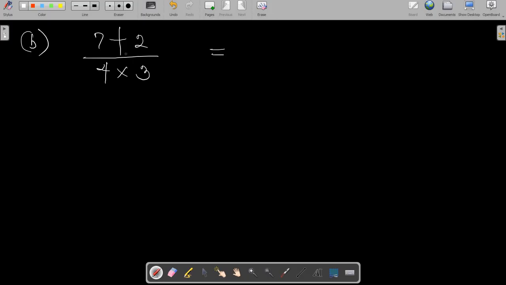Now this is also very easy. 7 plus 2, we have it to be 9, and 4 times 3, we have it to be 12. So something can divide, which is 3. 3 can go in 9, we have it to be 3. 3 can divide 12, we have it to be 4. And finally, the answer to this case here will be 3 all over 4. And we have solved that question.